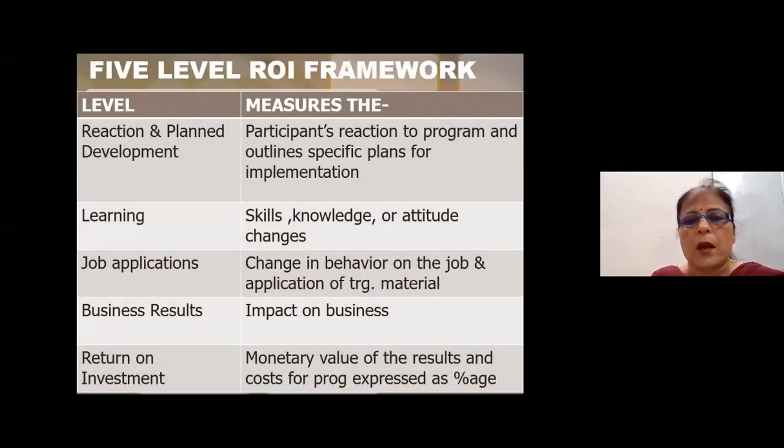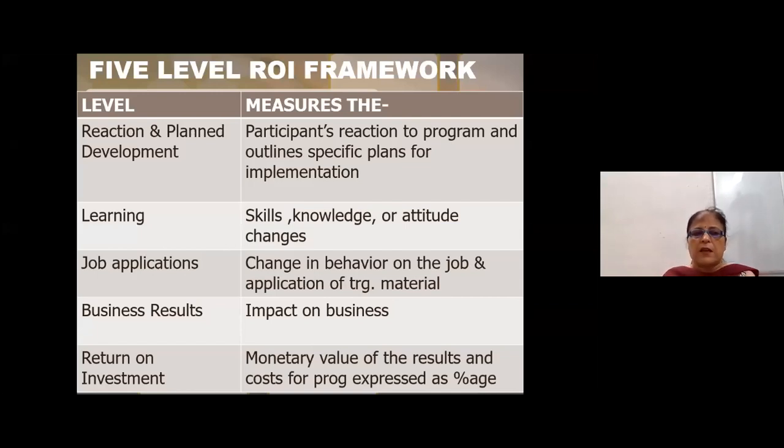So if you remember, we had it like this. Level 1, that is reaction and plan development in the ROI framework, measures the participants' reaction to the program and outlines specific plans for implementation. So you see, we have started with the reaction only here.